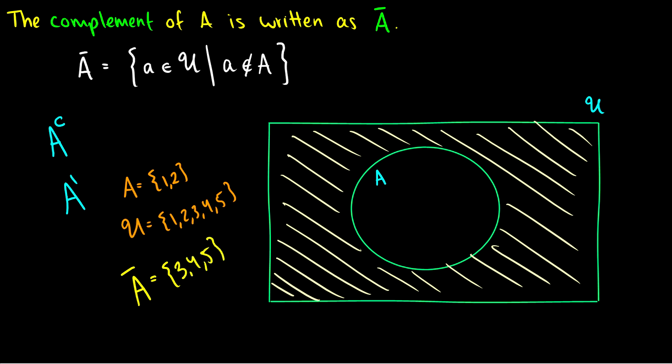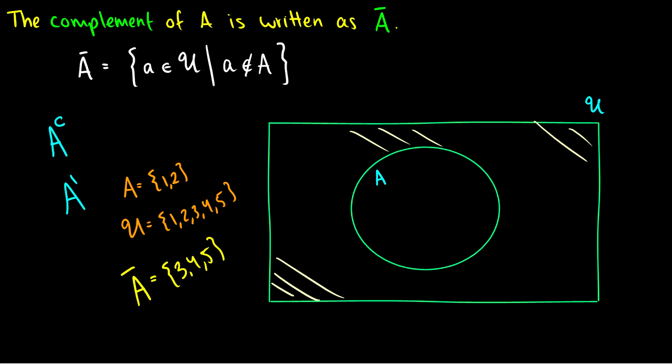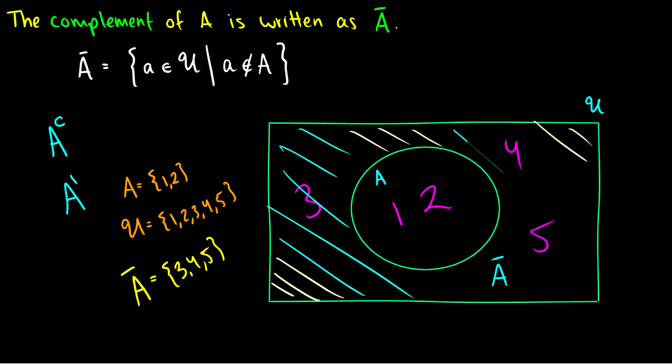And we could represent it visually, if I remove all of these lines, as 1, 2, 3, 4, 5, and then A complement is right here, covering all of 3, 4, and 5. So that is the complement.